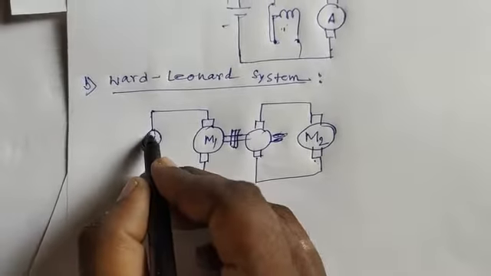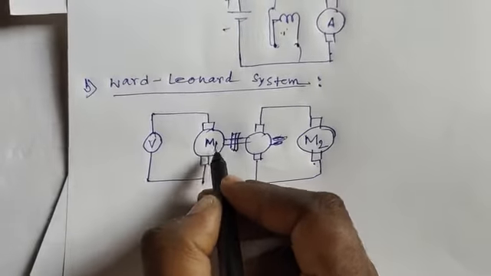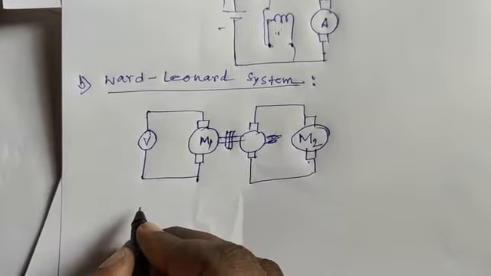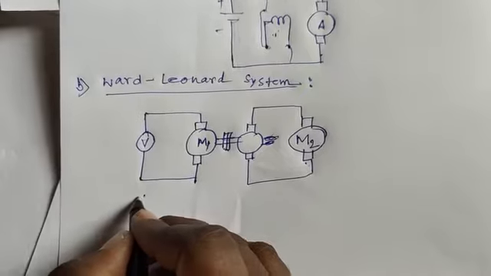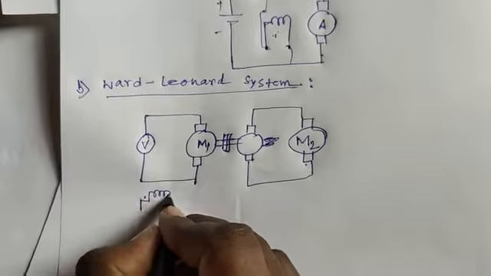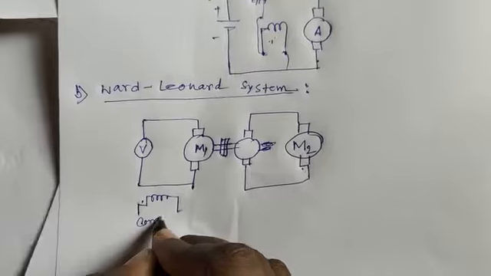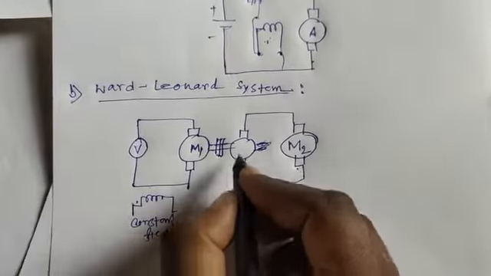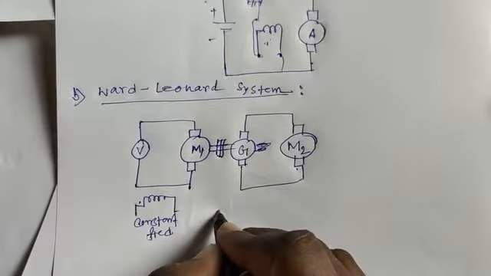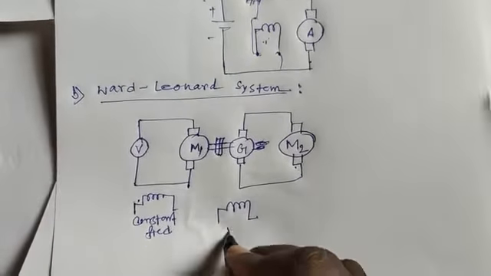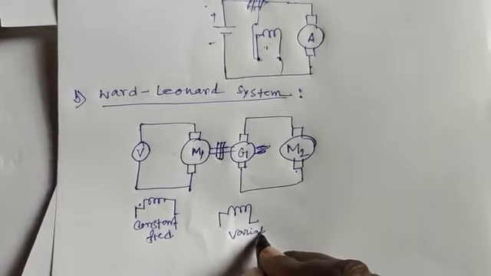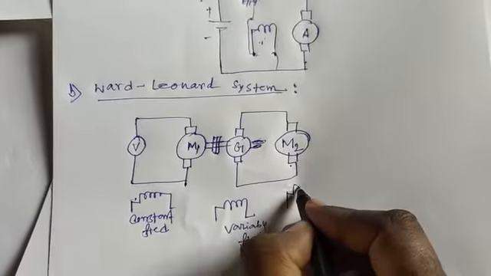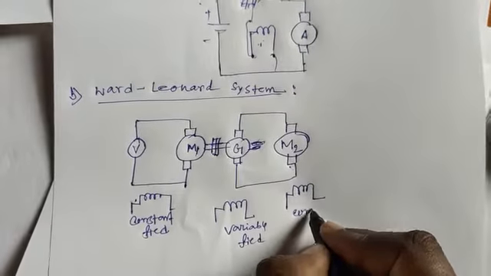This is the supply voltage V. M1 is the motor, a DC or AC motor with constant field. This is the generator, and the generator has a variable field. The second motor M2 has a constant field.